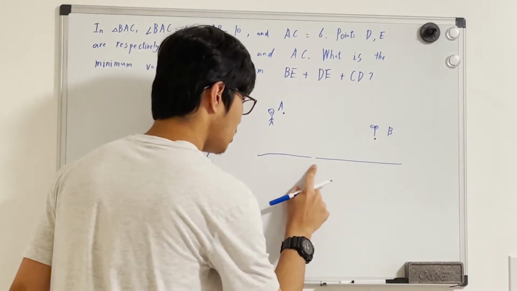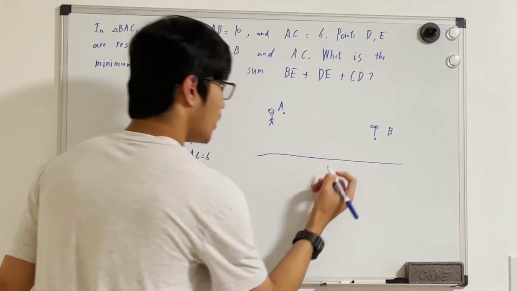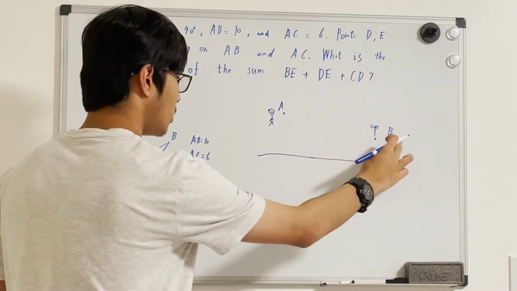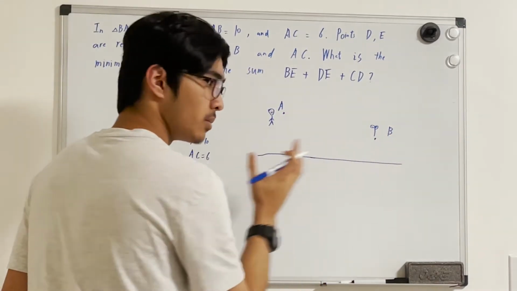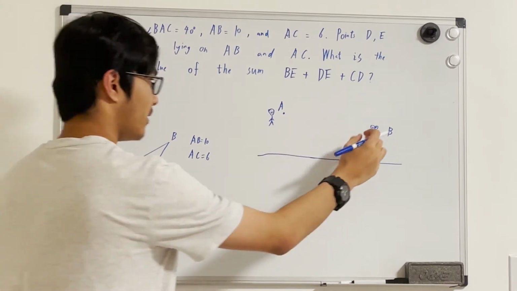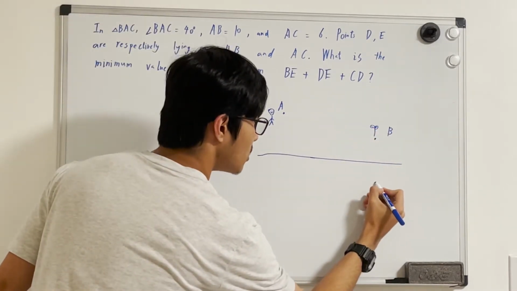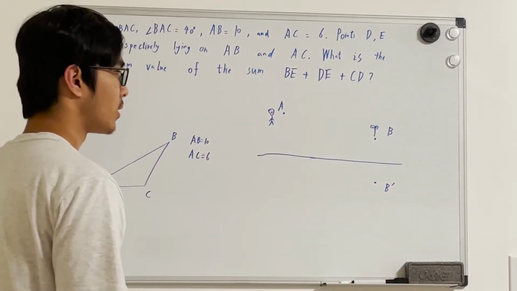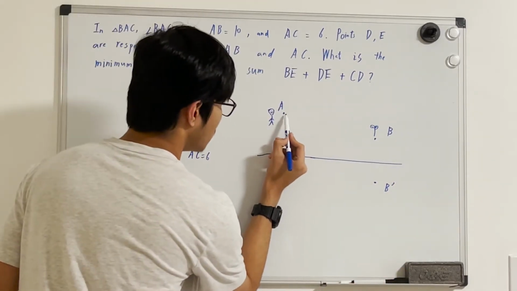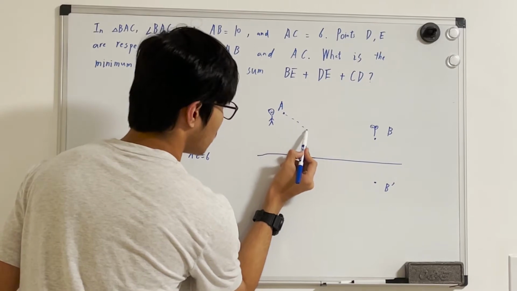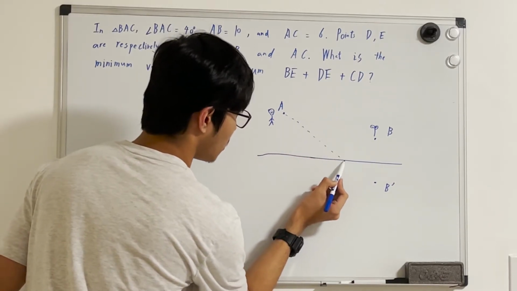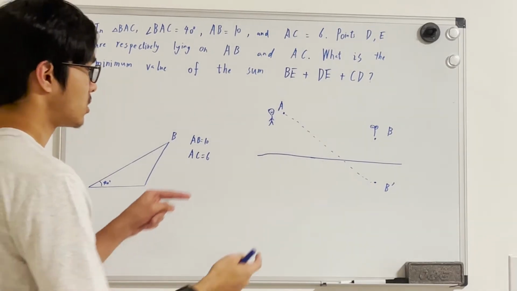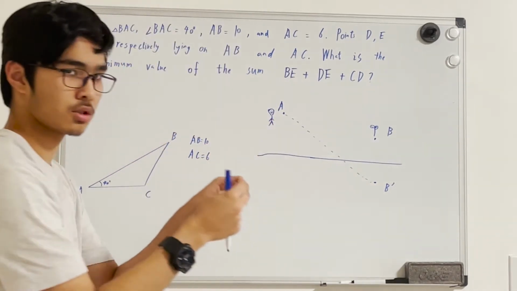Let me erase this C. Let me do a reflection of point B, with the river as the symmetrical line, and I can have point B here, and call this B prime. And now I connect these two points, because the shortest distance between two points is a straight line.